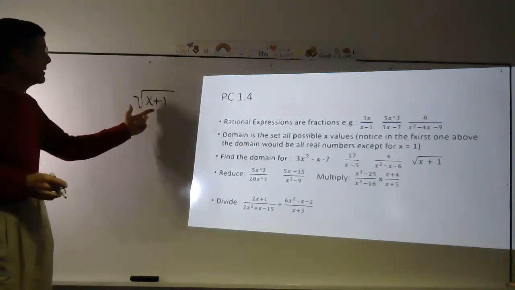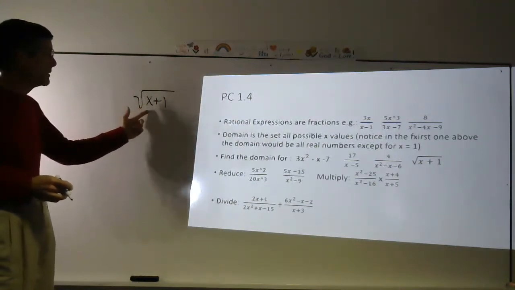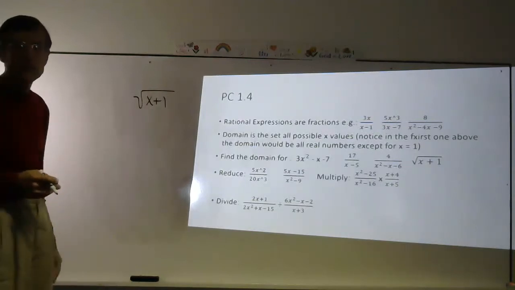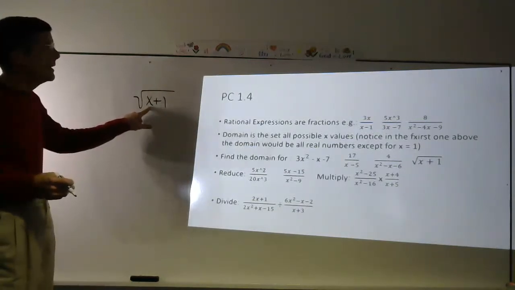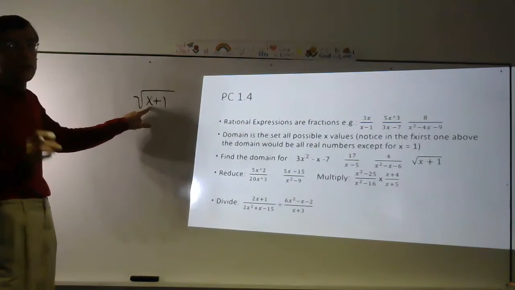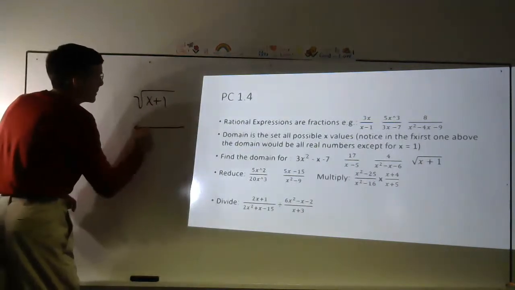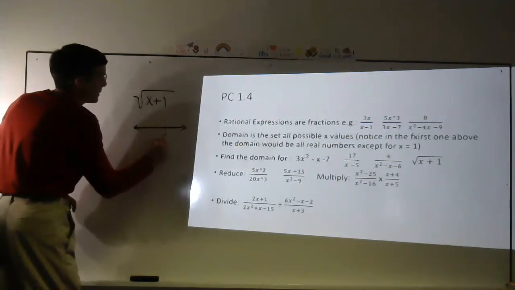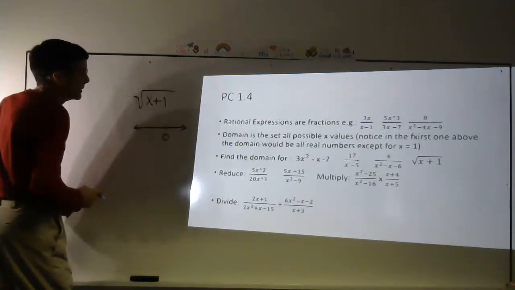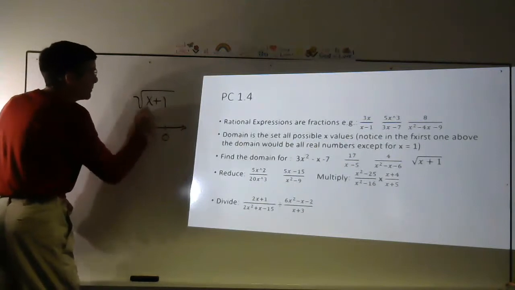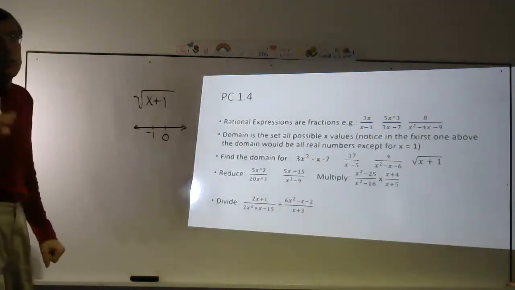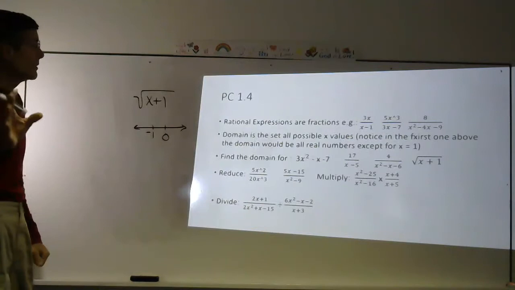If I put 1 in there, 2, 3, 4, I just add 1, I keep getting positives. If I put negative 1 in there, I get 0. Now think about this. Putting 0 in is fine. If I put negative 1 in, I'm going to get 0, which is still okay. The square root of 0 is 0.